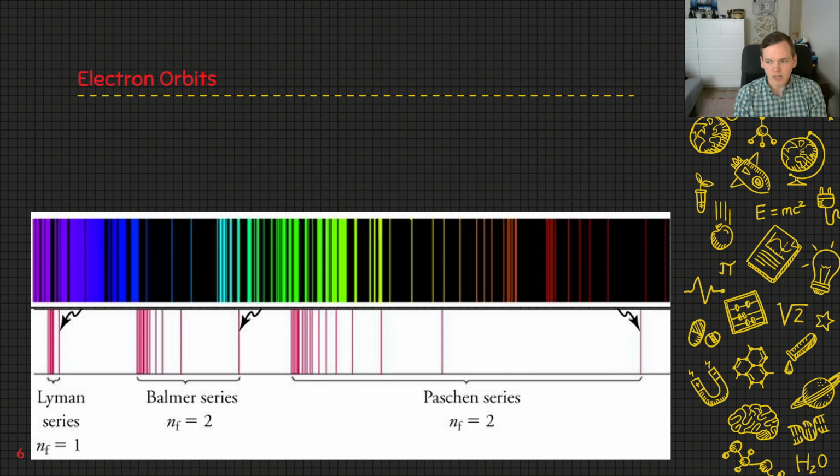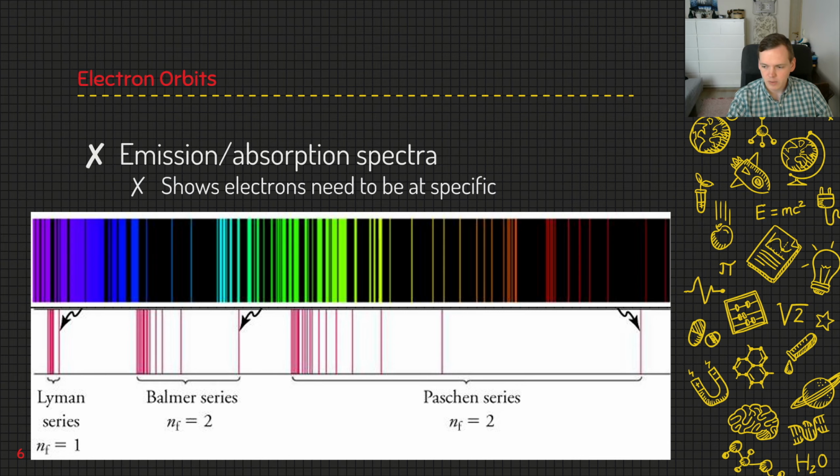So the electron orbits are as follows. When we look at the atom, we have this thing called the emission or absorption spectra. If we shine light on an atom, or if we give energy to an atom, then it gives off light as well.